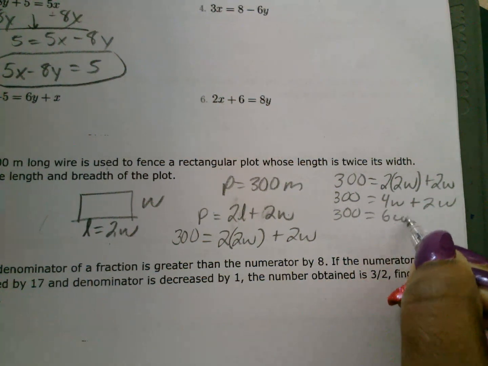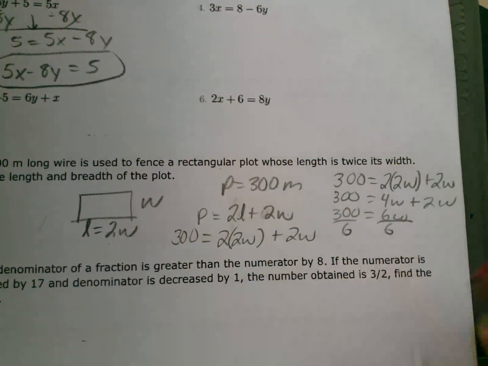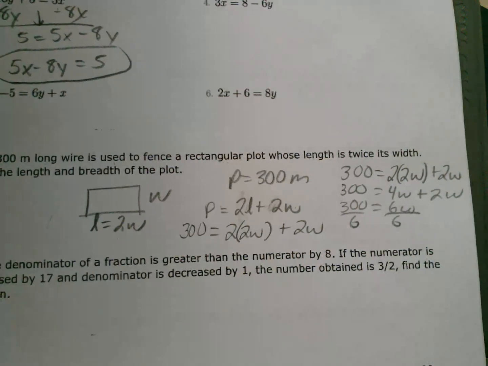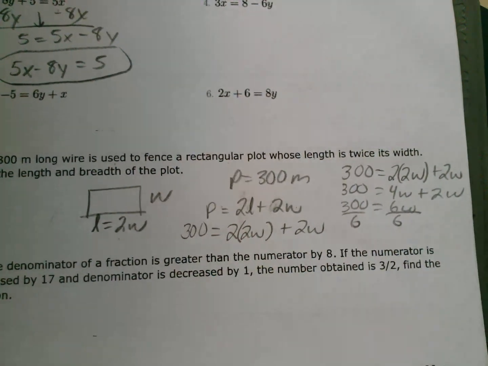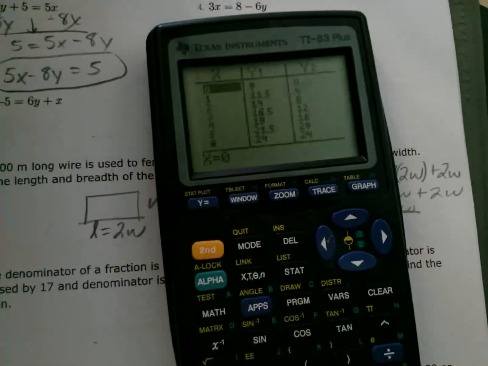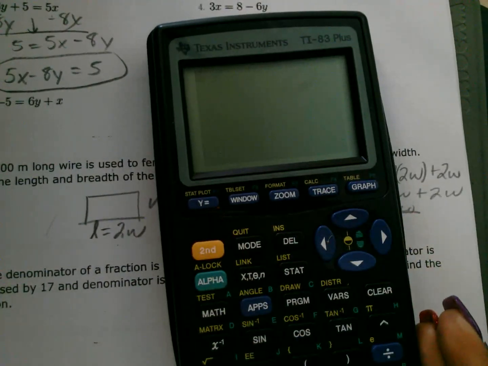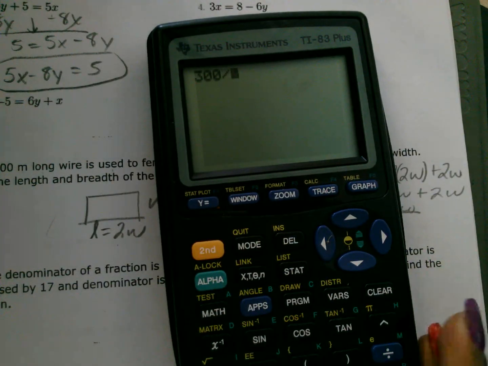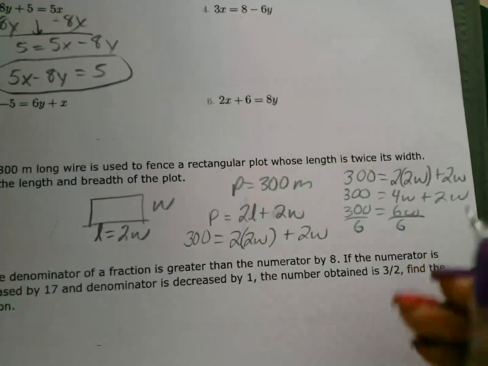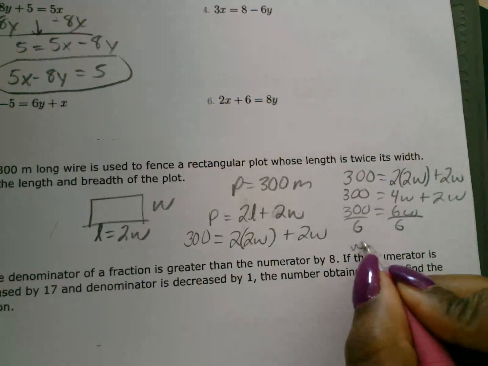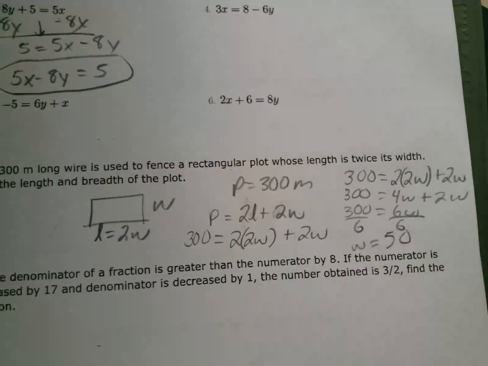And then divide both sides by the 6. And that's going to give you your width, okay? So we got 300, and you should be able to do that kind of in your head. But so you can see it, 300 divided by 6, and that's 50. So W is equal to 50.